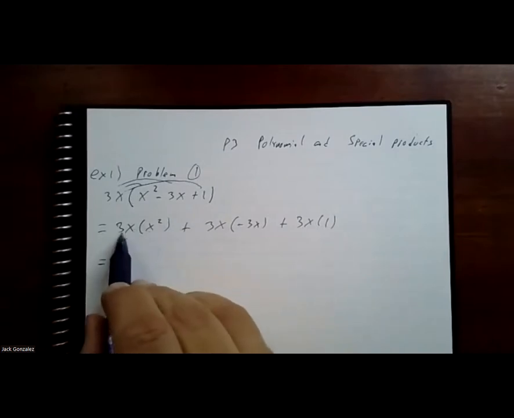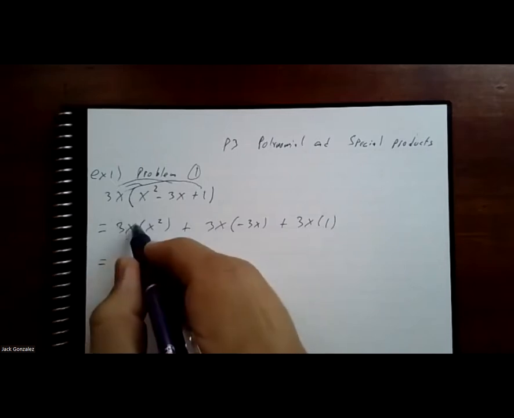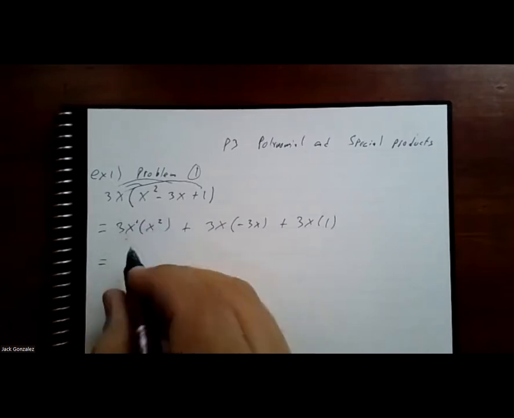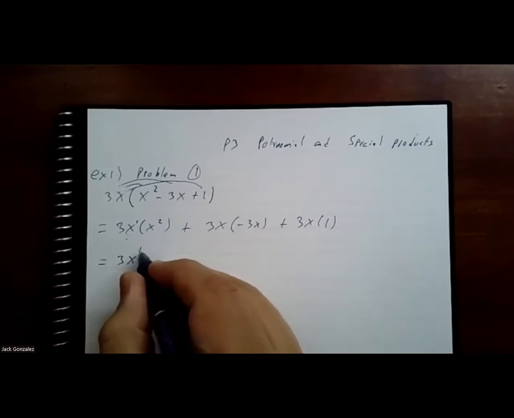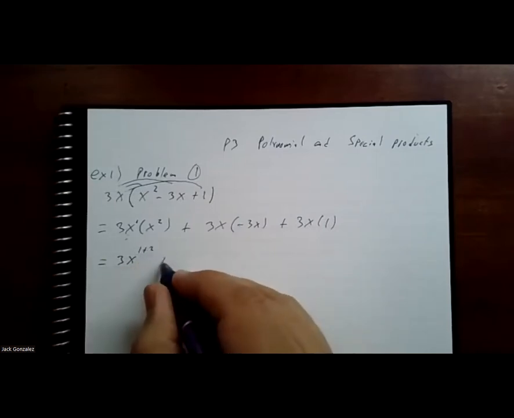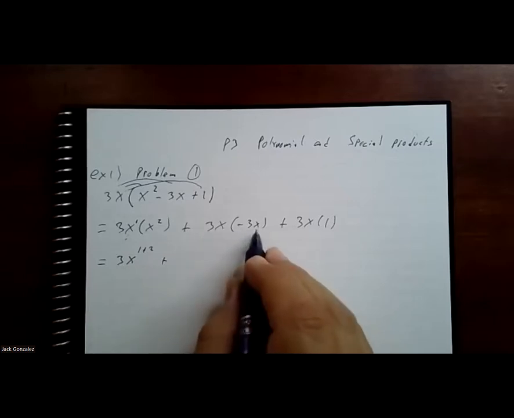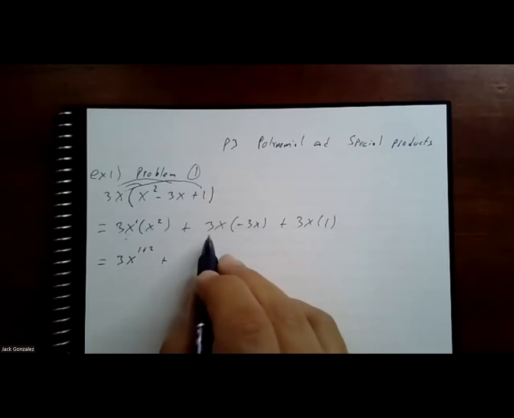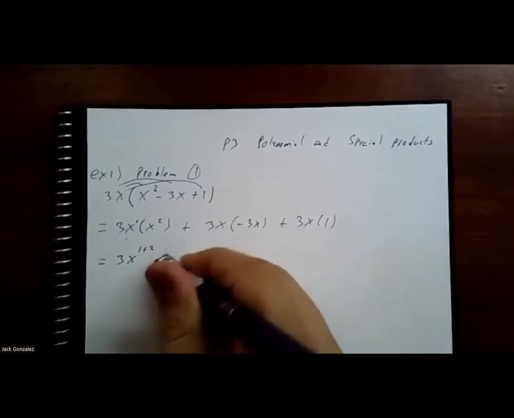So 3 times x squared. You're only going to combine the x's here. This is a 1 power, so 1 plus 2. 3 just stays there. Over here, you have a constant and an x term. So 3 times negative 3 will be a negative 9.